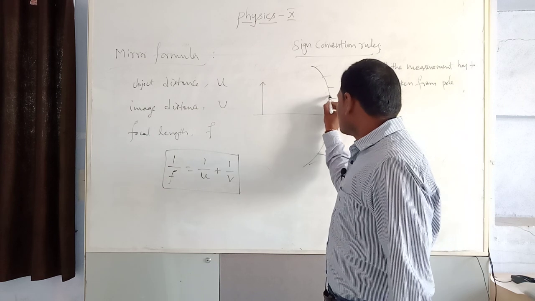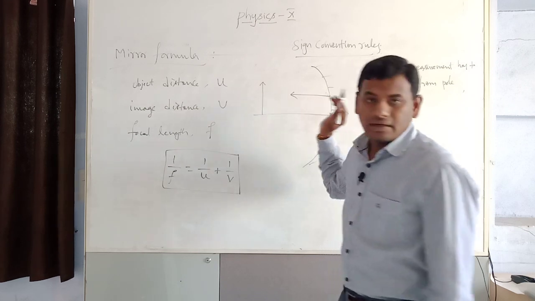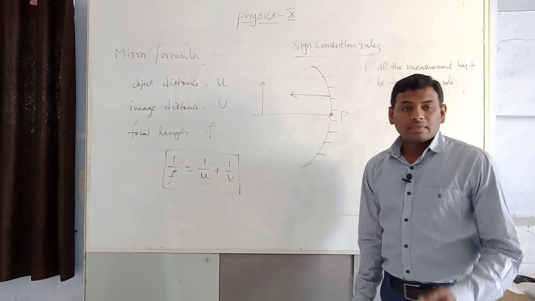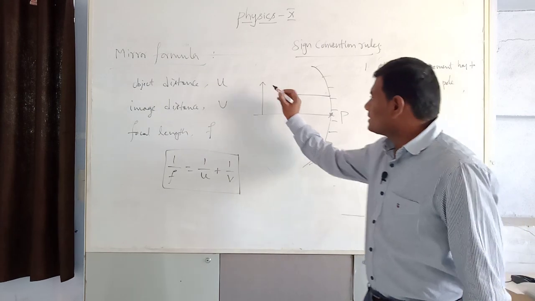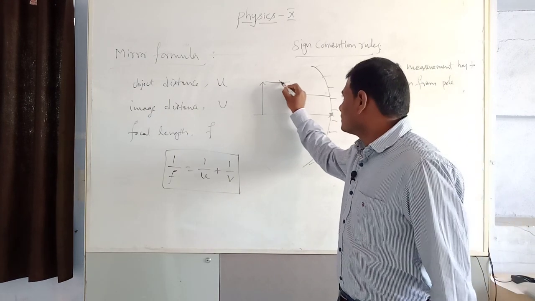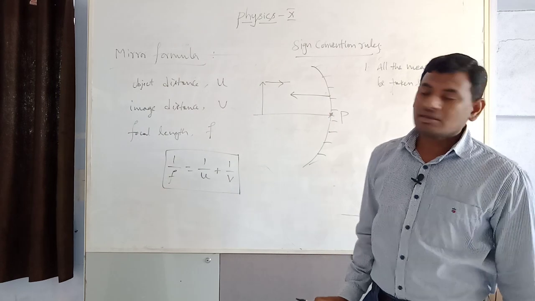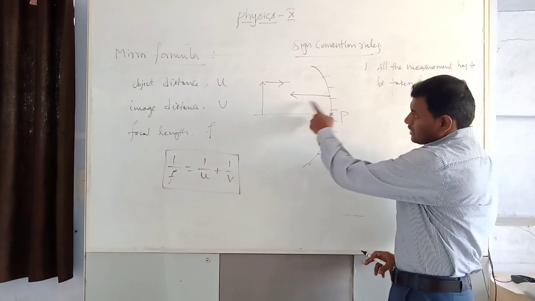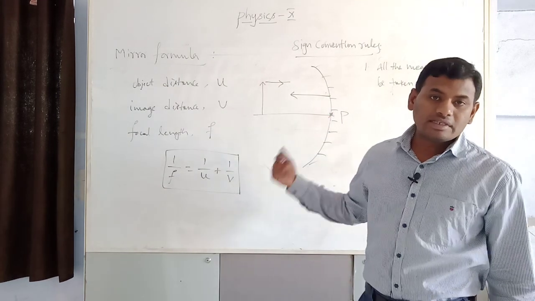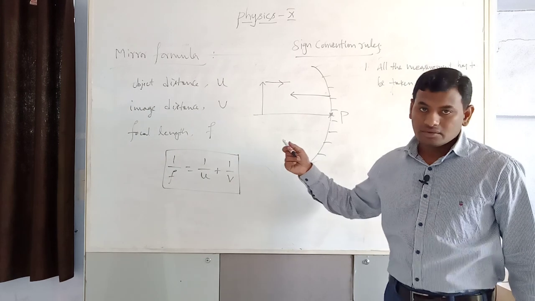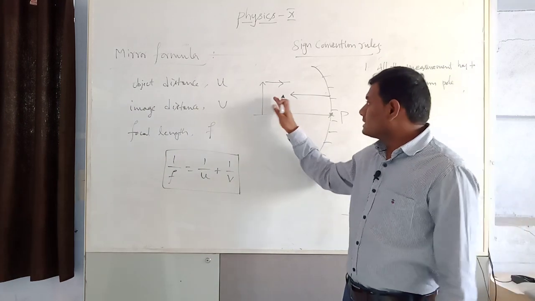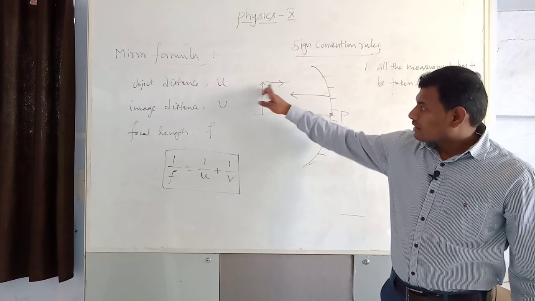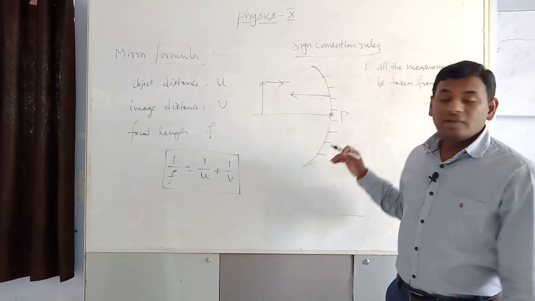Now, for example, if this is a concave mirror and the object is over here, we will be measuring from this side. And what is the direction of the incident ray? The incident ray will be in this direction. So both of these are opposite in direction. When the measurement is opposite to the direction of the incident ray, we take that as negative. If the measurement is in the direction of the incident ray, then we take that as positive.